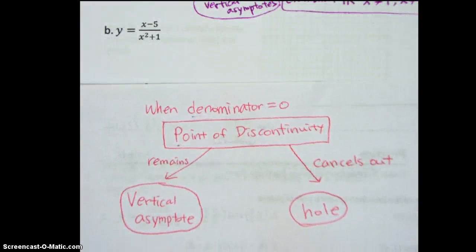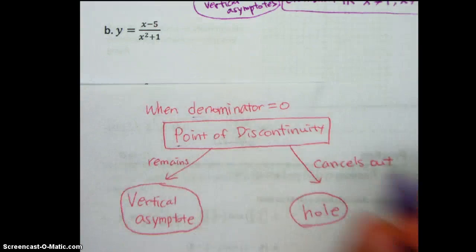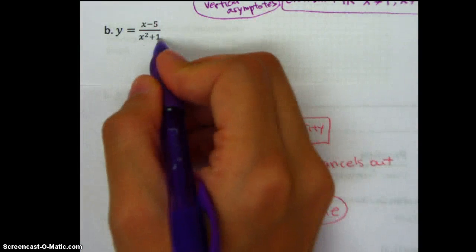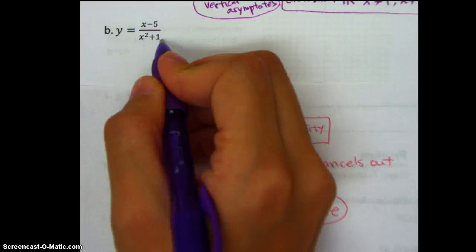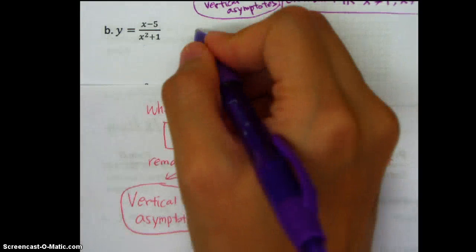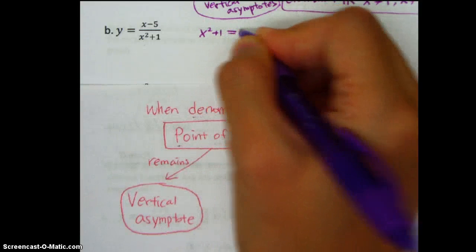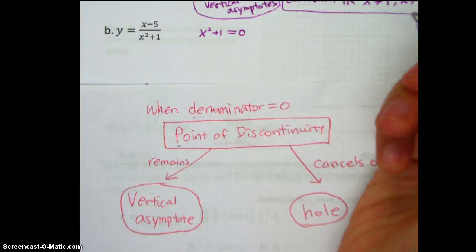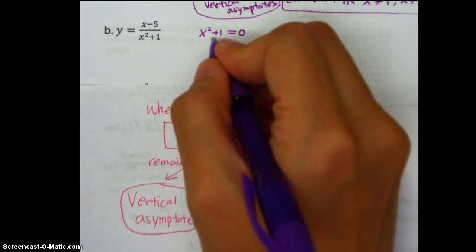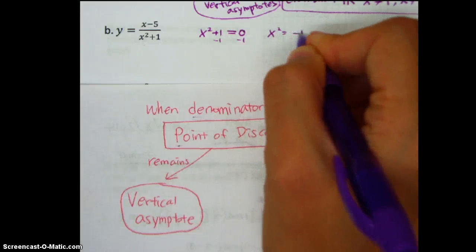You look at the bottom first to look for the points of discontinuity. If the bottom is equal to 0, then at that x value we have a point of discontinuity. Can x squared plus 1 be 0 at any value? We subtract 1 from both sides, and then we have x squared equals negative 1.